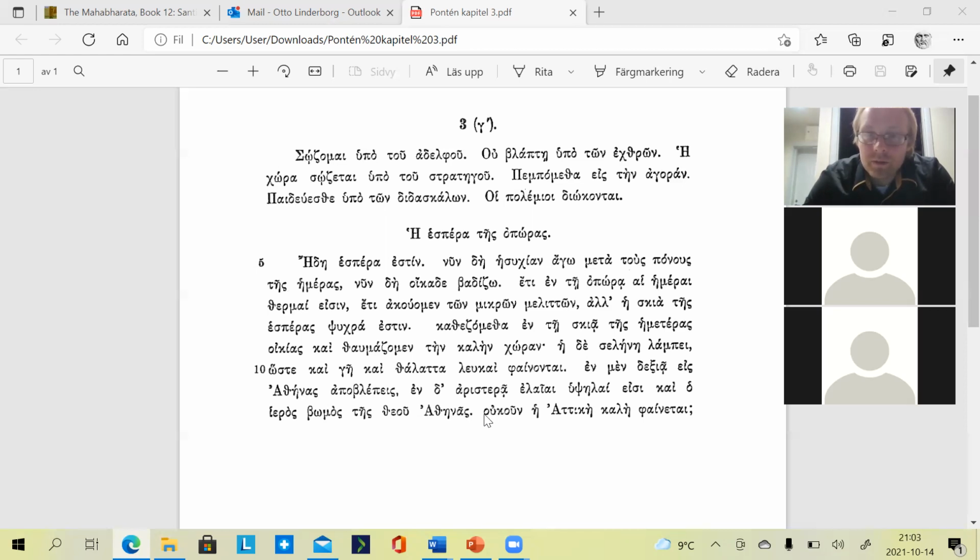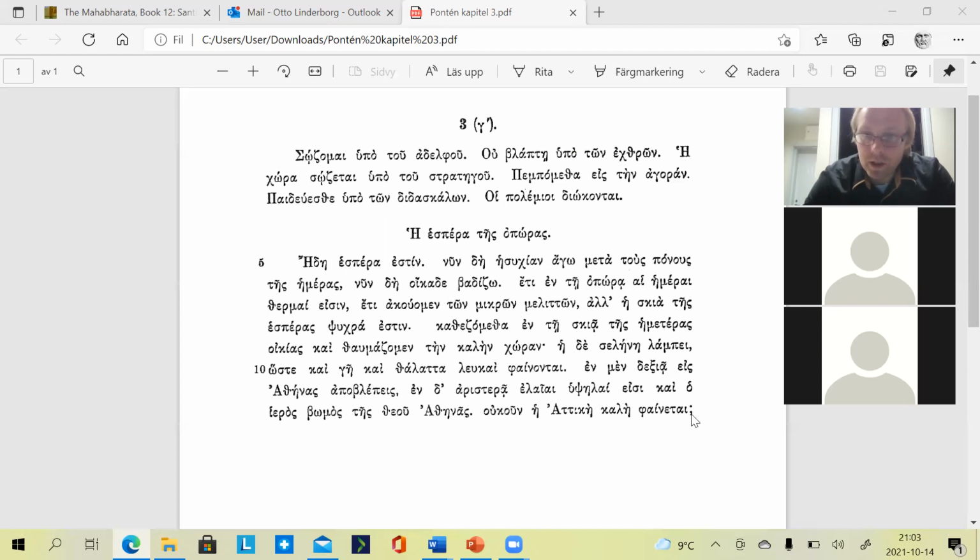Then this last one. Oukoun means therefore. Oukoun he Attike kale fainetai? What does that mean? Attike means Attica. That's the place where Athens was, the land or the region. Yeah, therefore Attica seems beautiful. Exactly.